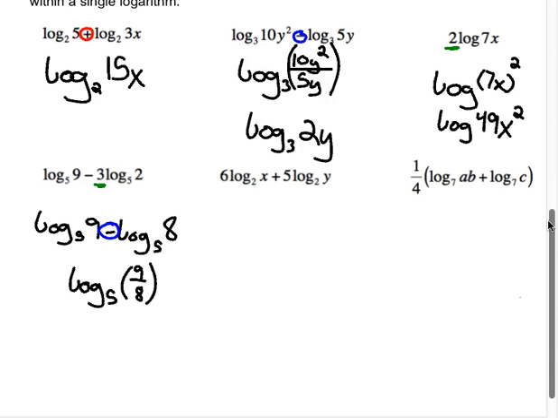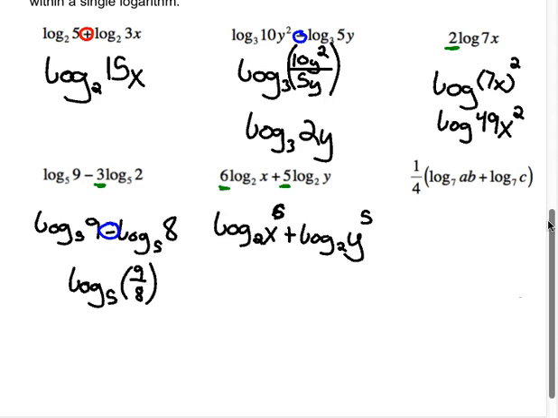So here I see 2 multipliers, so I'm going to write this as log base 2 of x to the 5th plus log base 2 of, oh, I'm sorry, that's to the 6th. This one is y to the 5th.